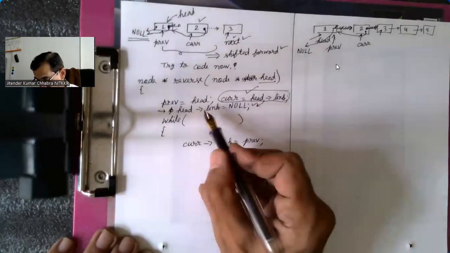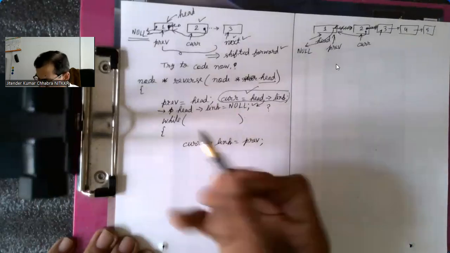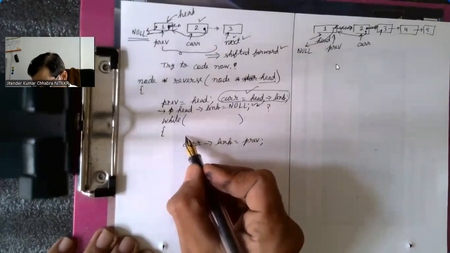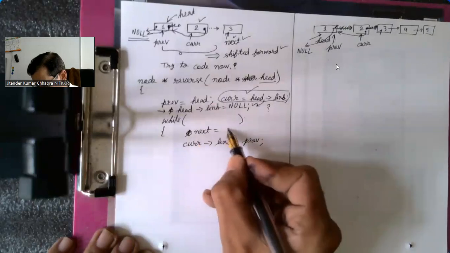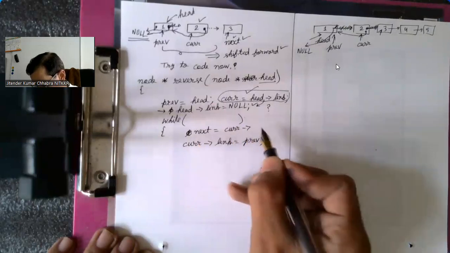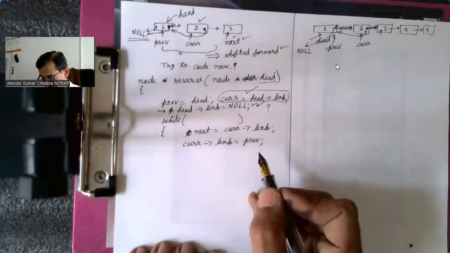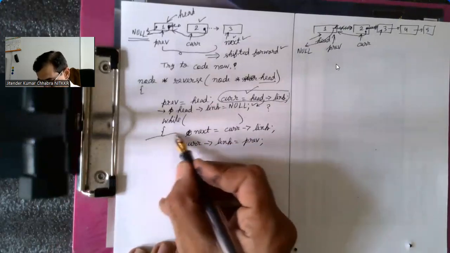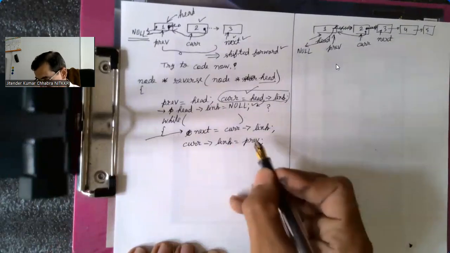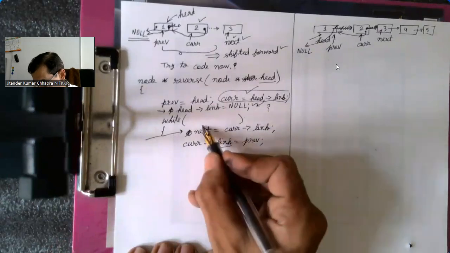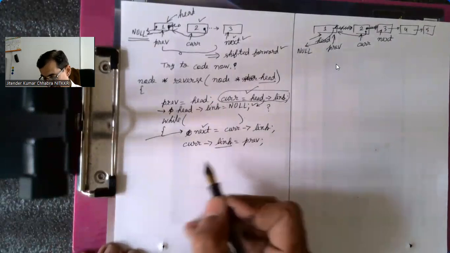I could have done that outside the loop also, there is no difference. I can do the same thing here also. So I can store the next node here, saying current arrow link. You might have done it outside, still one and the same thing, but one advantage I get by putting it here is that this becomes the next node before I update my link, I have stored that. Still perfect.